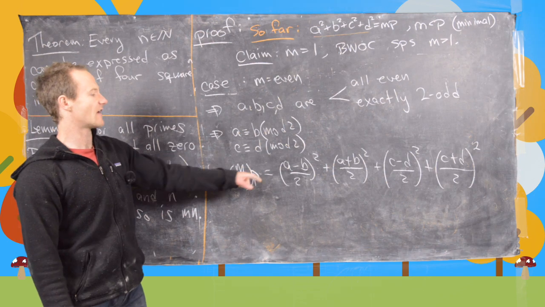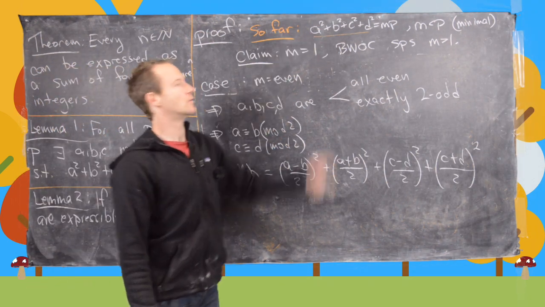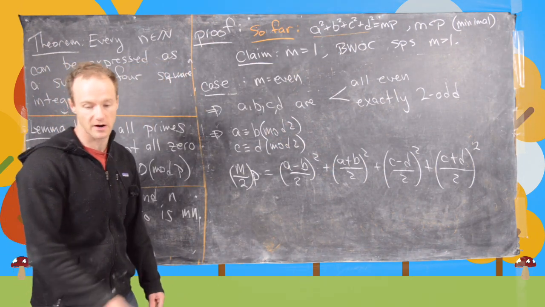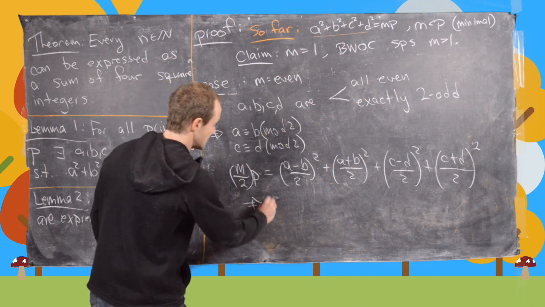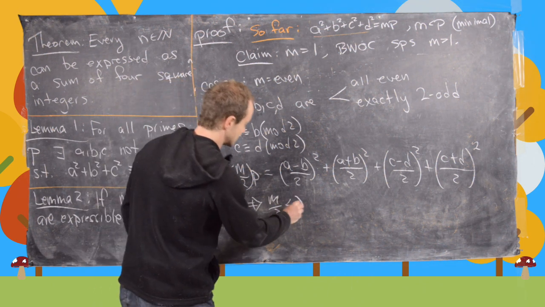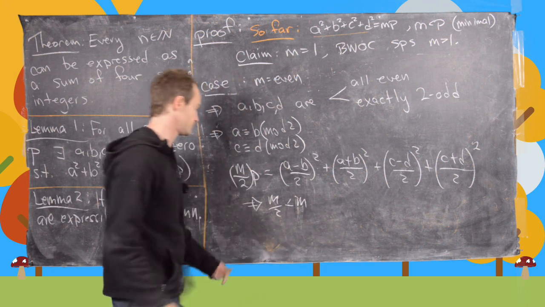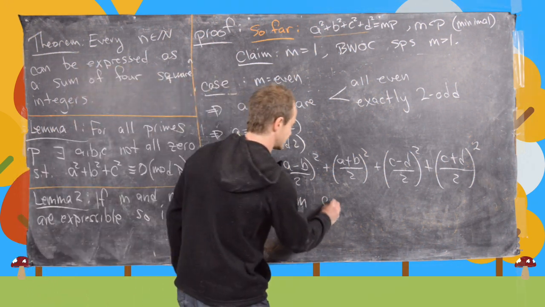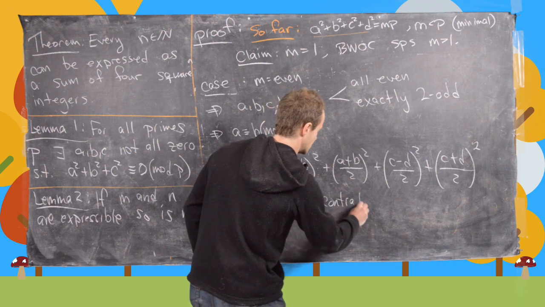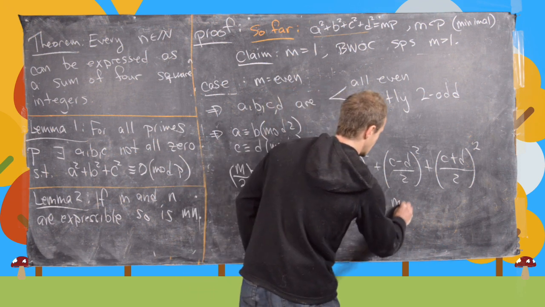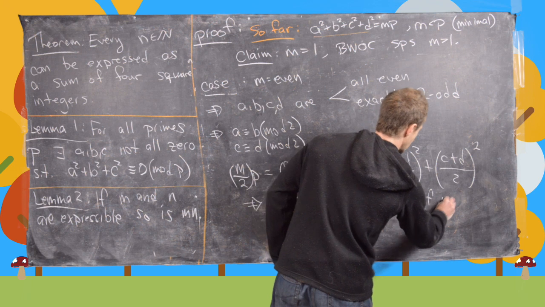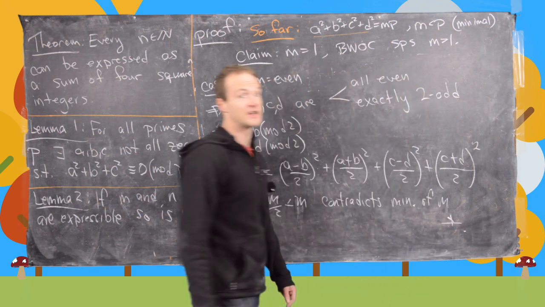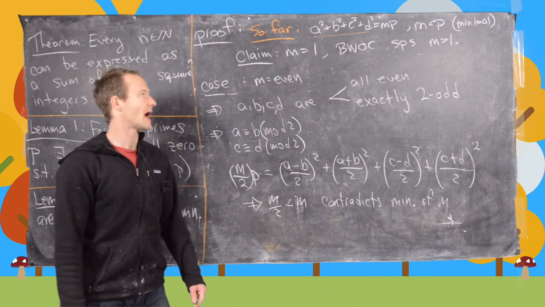So you can check that follows just from arithmetic with this given equation up here. But again, M over 2 is less than M, sort of, it's obvious, but that contradicts the minimality of M, which finishes the proof, because now we know M has to be 1.